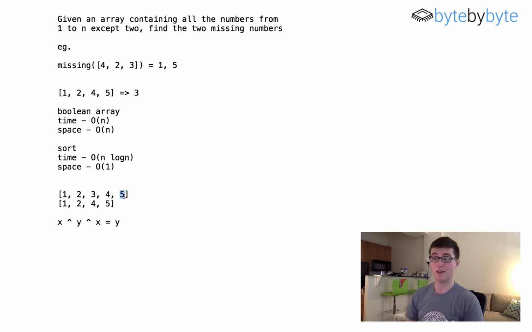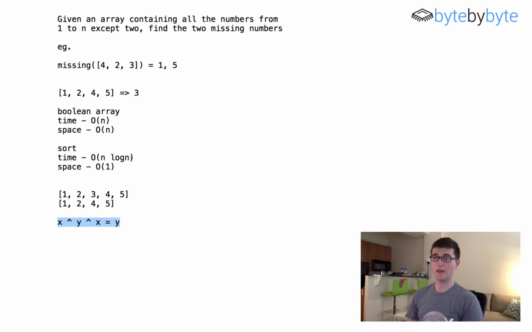But by using XOR, we're never going to use more bits than the maximum value in our set. So if this was an array of integers, we would never use more than 32 bits. And if it was an array of longs, we'd never use more than 64 bits for our XOR. And so that's the great thing about XOR, and we'll always get back the right value.